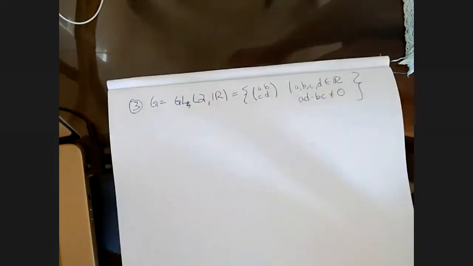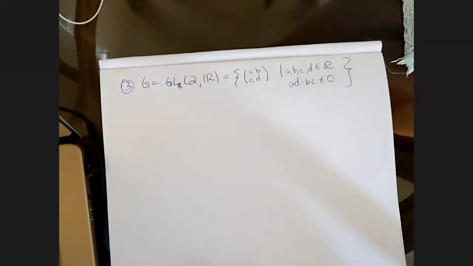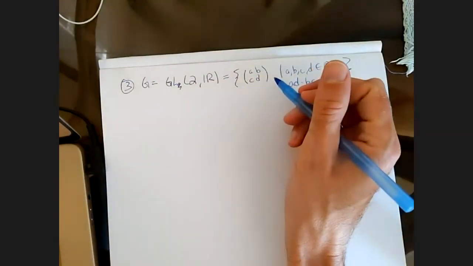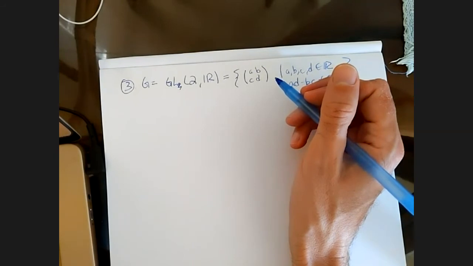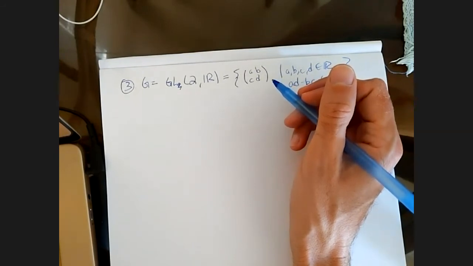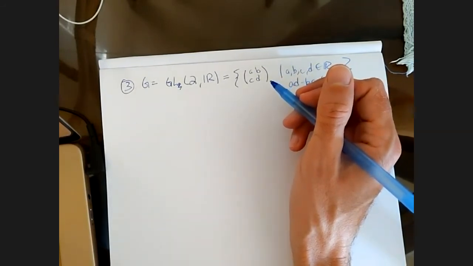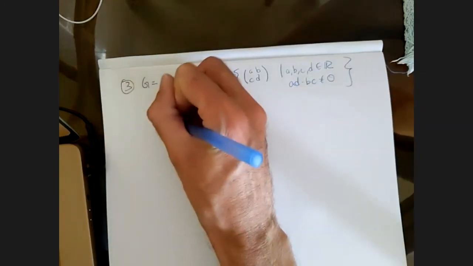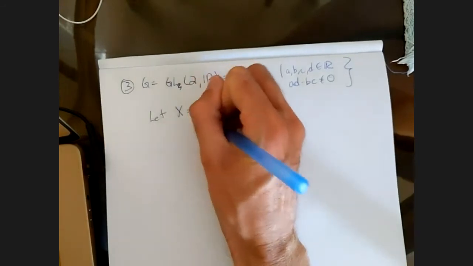I'm just writing down some different ways that a group can do something to some set. Here my group is going to be 2 by 2 matrices. Matrices are linear transformations from R2 to R2, so I can say that X might be the vector space R2.